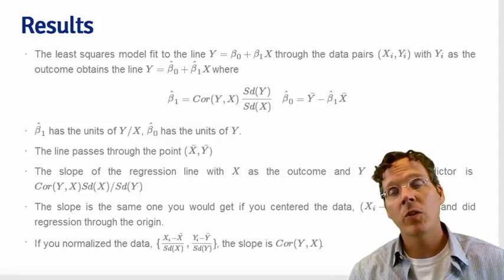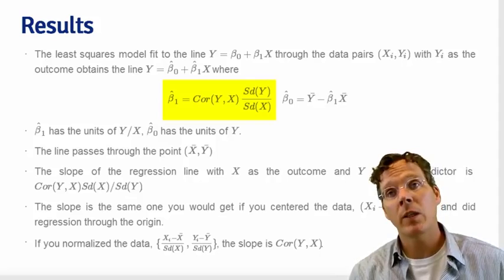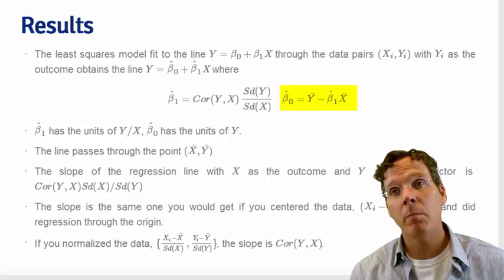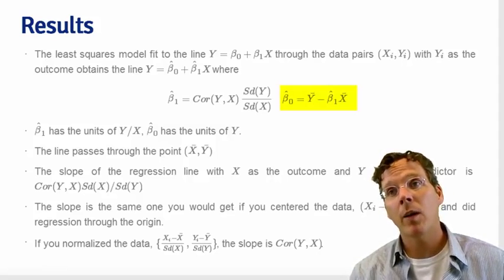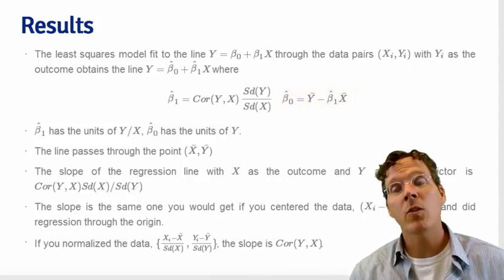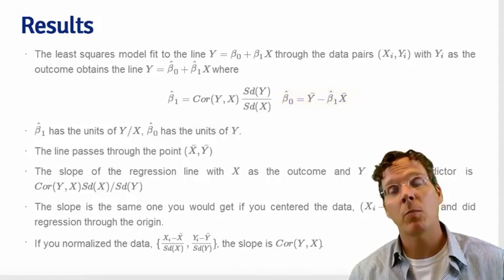The solution works out to be beta 1 hat is the correlation between y and x times the standard deviation of y divided by the standard deviation of x. The estimated intercept, beta naught hat, is y bar minus beta 1 hat times x bar. So let's go through a couple of consequences of this being the result.